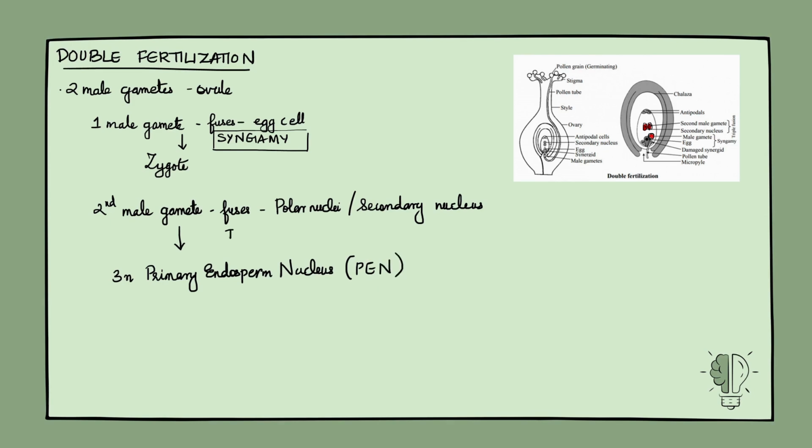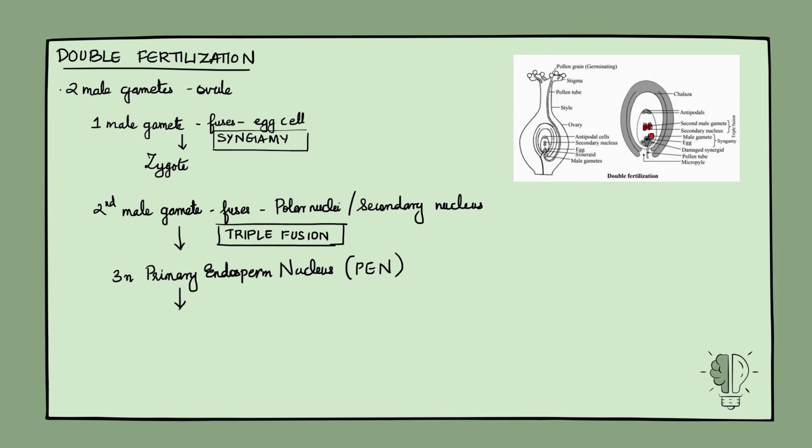And this is called triple fusion. It's called triple fusion because it involves the fusion of two haploid polar nuclei with a male gamete.